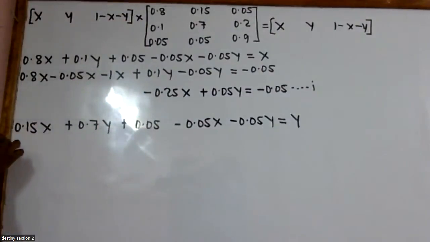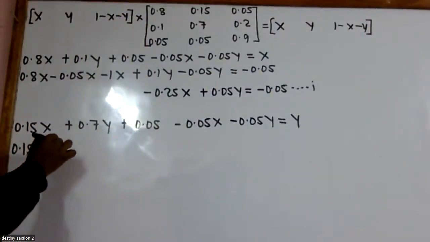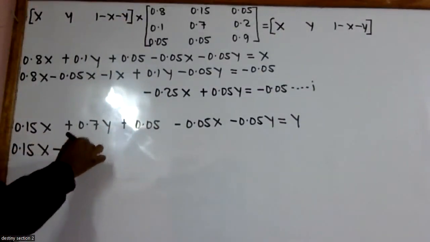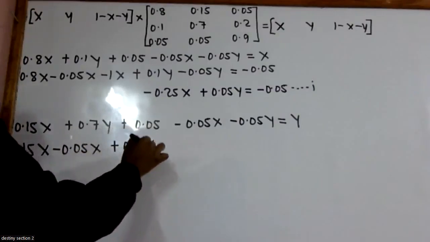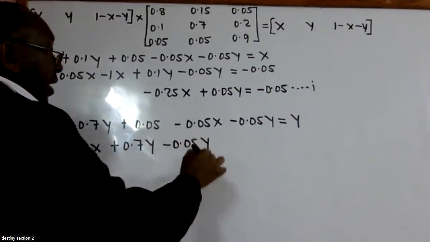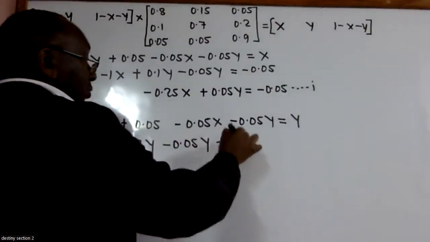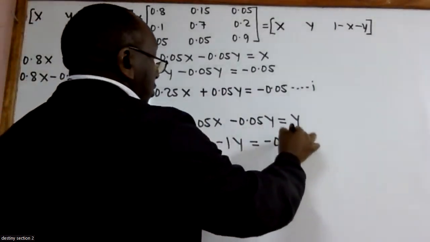So putting items together, I'm going to have 0.15x minus 0.05x plus 0.7y minus 0.05y minus 1y is equal to minus 0.05.